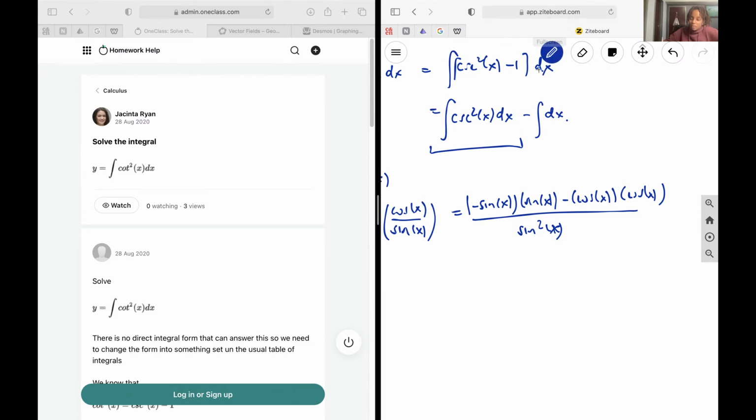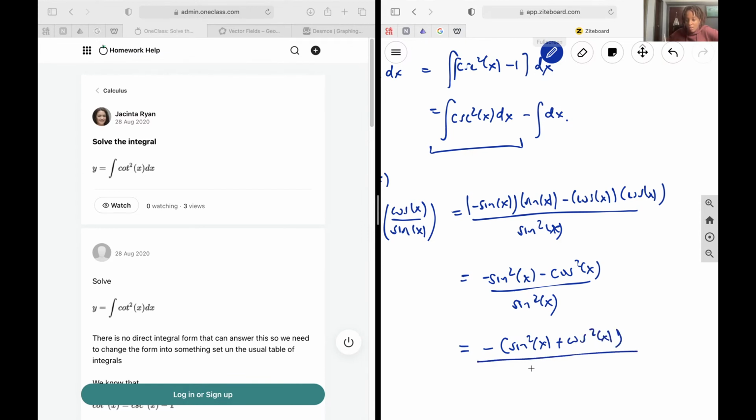So this becomes negative sine squared x minus cos squared x over sine squared x. And then we're going to pull out this minus 1 in order to make this an identity that we're more familiar with. So minus, sine squared x plus cos squared x, all over sine squared x.